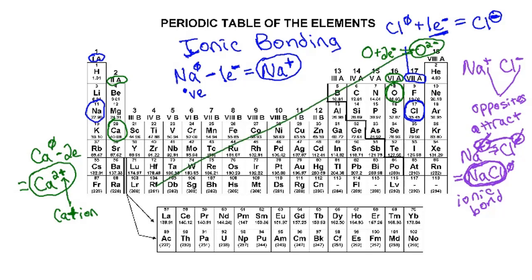So let's go down here to the calcium. Calcium has a positive 2 charge. The oxygen has a negative 2 charge. So the negative 2 charge and the positive 2 charge attract each other, and they stick together.